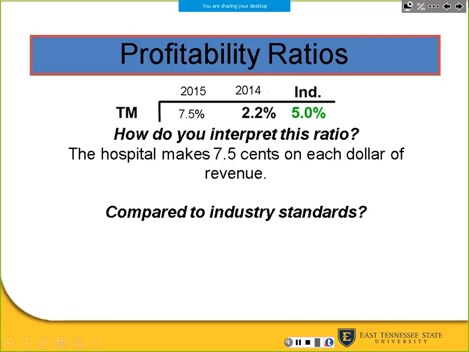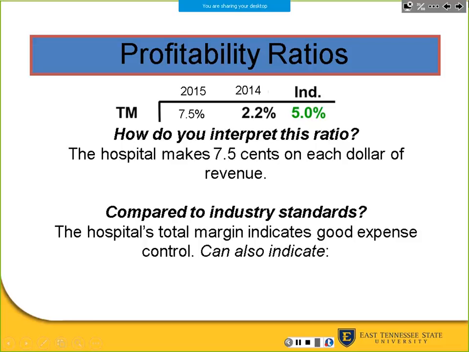We'll go ahead and go over this one because I asked several questions like this throughout the lecture today. So we'll do this one as free. The hospital is going to make 7.5 cents on each dollar of revenue that we bring in. We know that we're above industry standards because industry standards probably make about 5 cents per dollar of revenue being brought in.